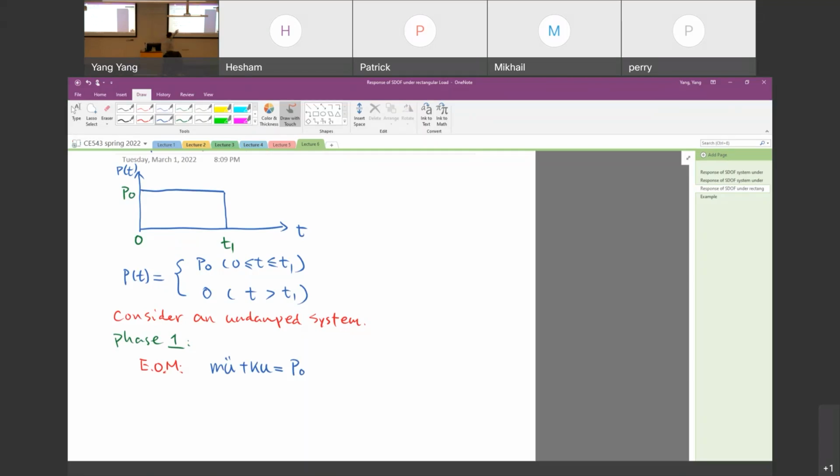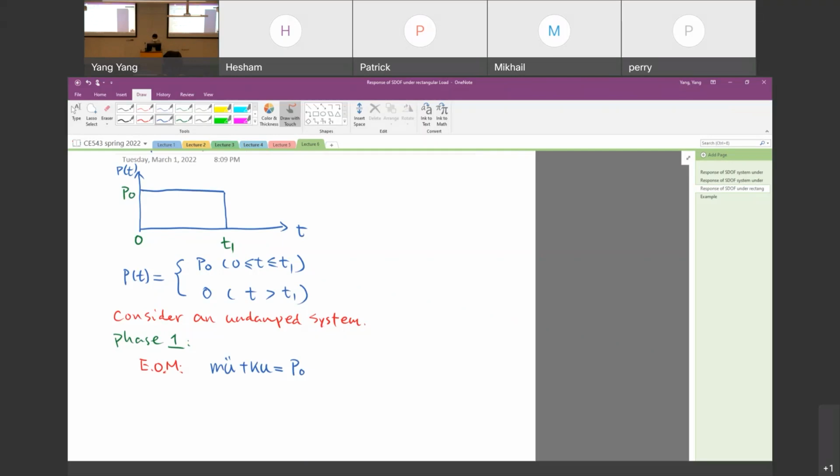The inertial force plus the spring force is equal to the external force. In order to figure out the displacement response, we need to solve this differential equation.